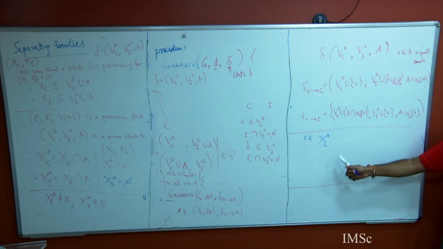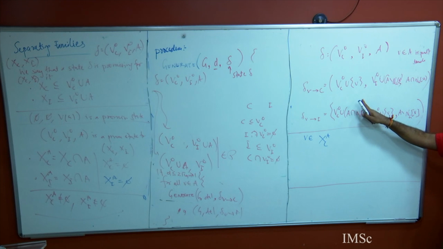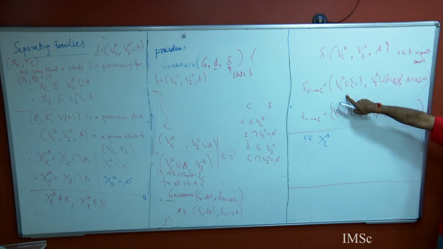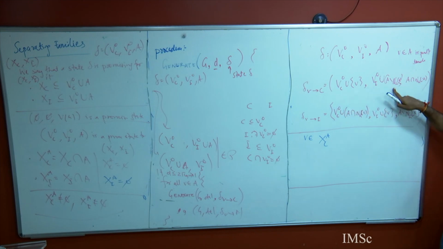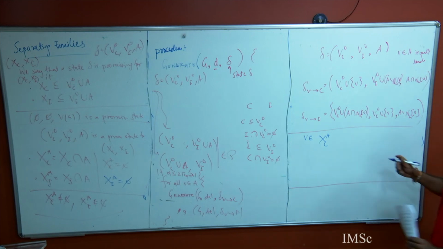Some V in XCA because it is non-empty, so there exists a V. Now zero, right? And what did you add to the independent set? All his neighbors, right? Sorry, all his non-neighbors, right? So an independent set, if it can exist at all, can only exist in, so suppose this was my promising state, right?